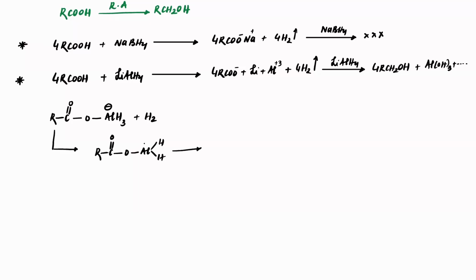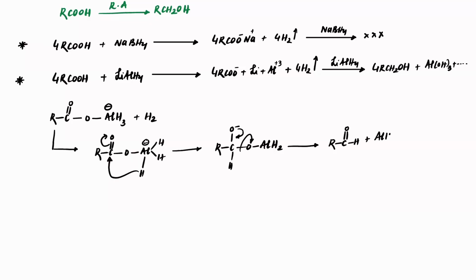Here we have minus and hydrogen here. So this H minus will be pushing it here. That will make it RCO, hydrogen with O Al H2. And as this pushes, you'll get this as O minus. Now you can notice this is converting into an aldehyde form, and you'll get this as AlH2O minus.